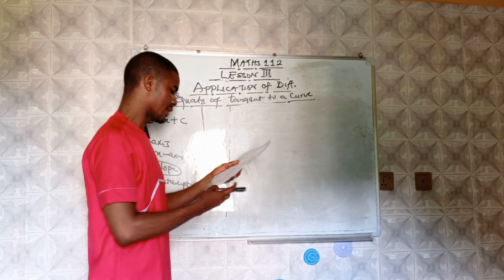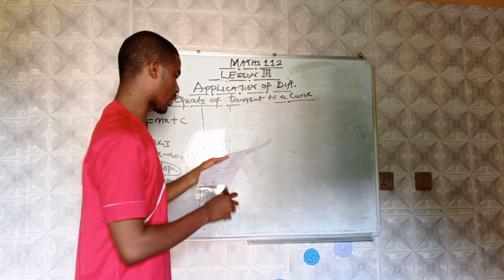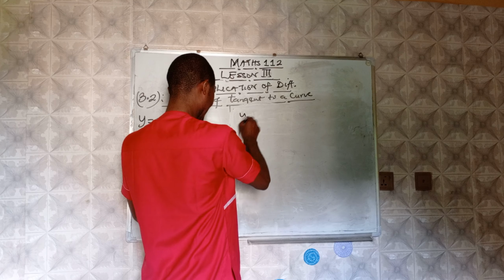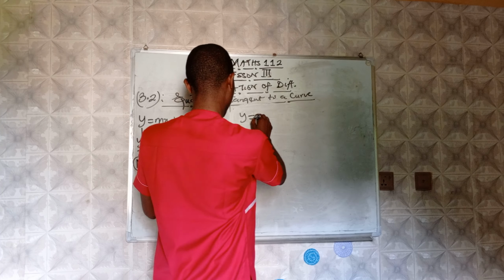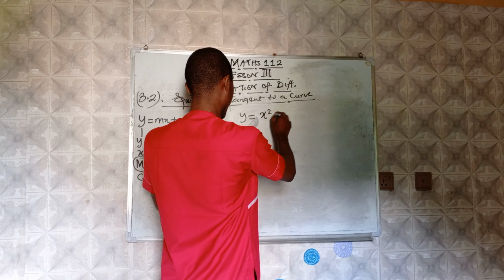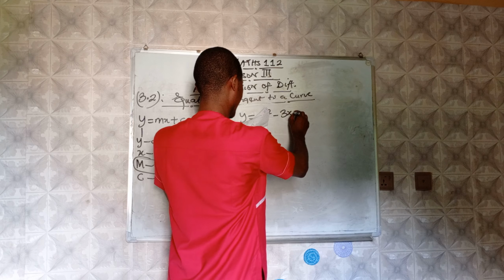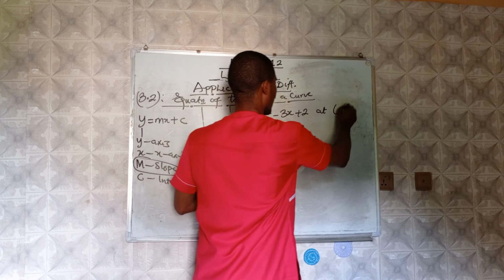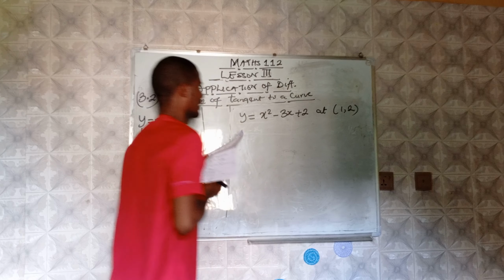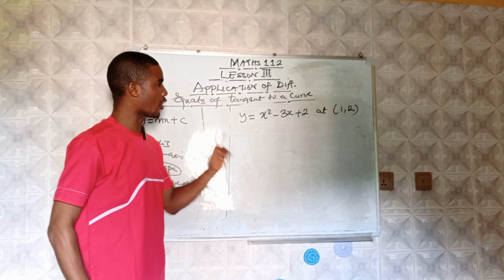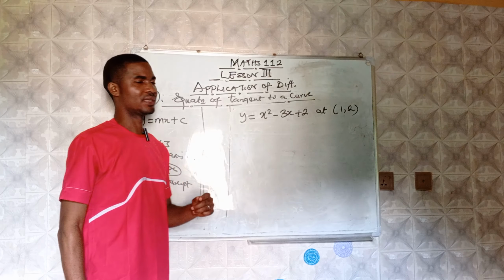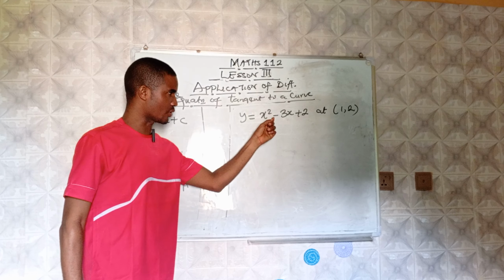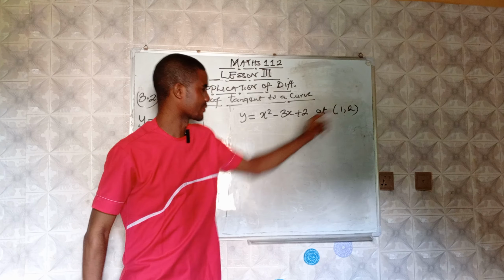The example says, find the equation of the tangent to the curve y equals x squared minus 3x plus 2 at (1, 2). We are asked to find the equation of the tangent to this curve at this point.